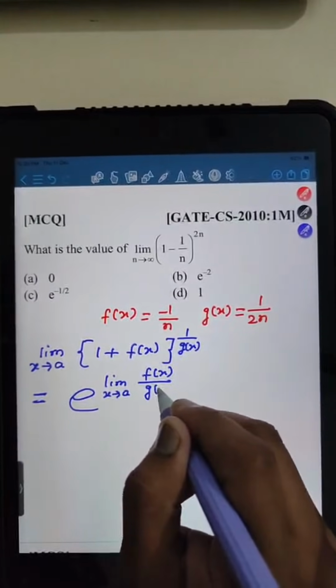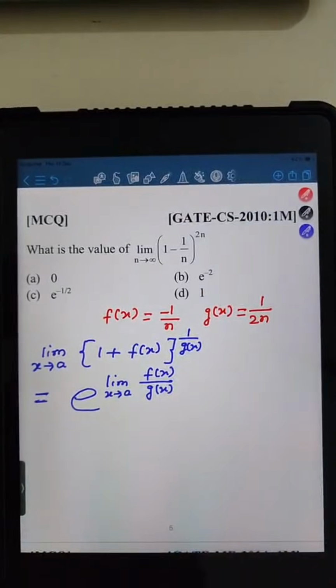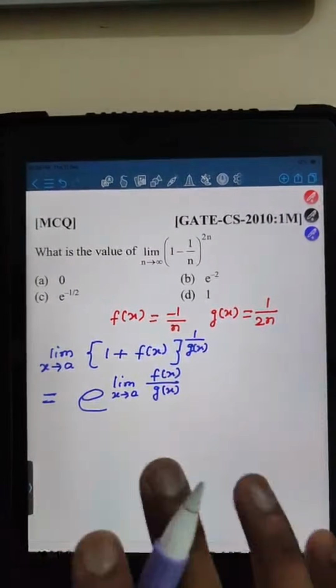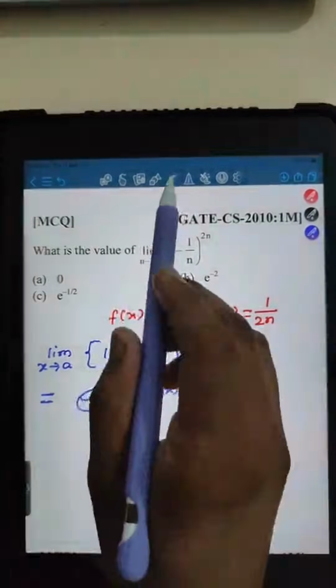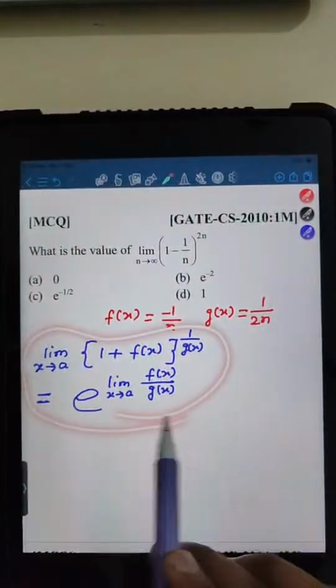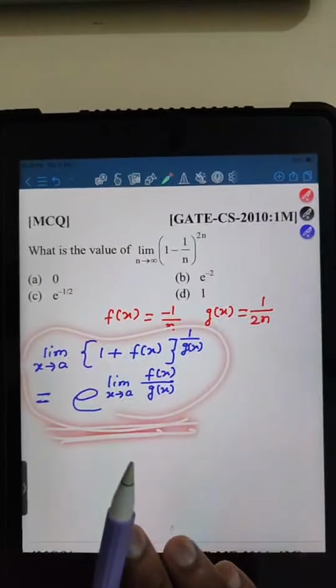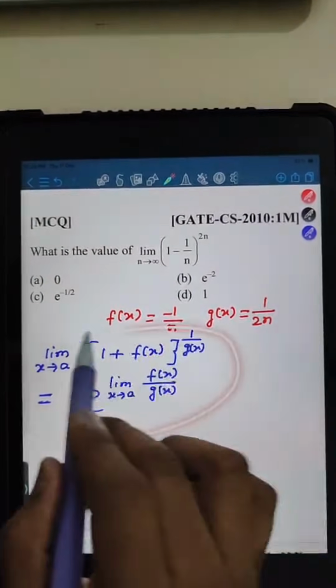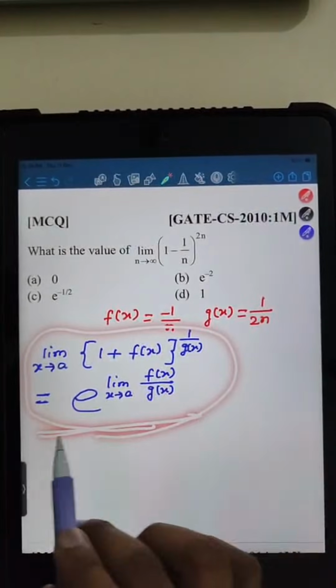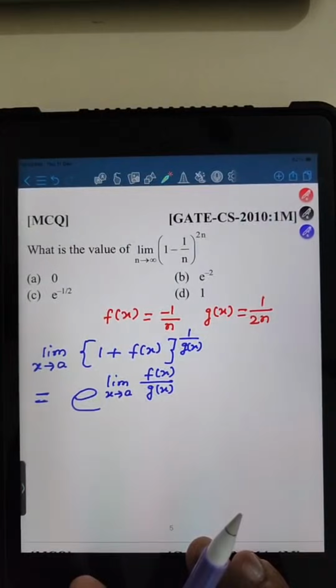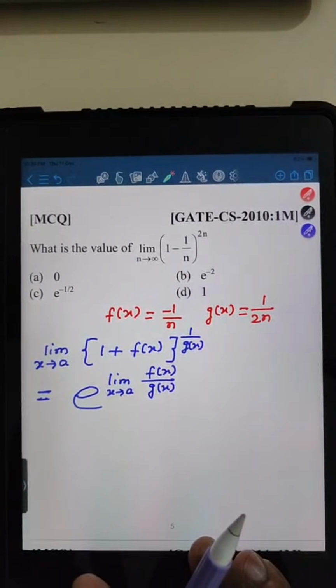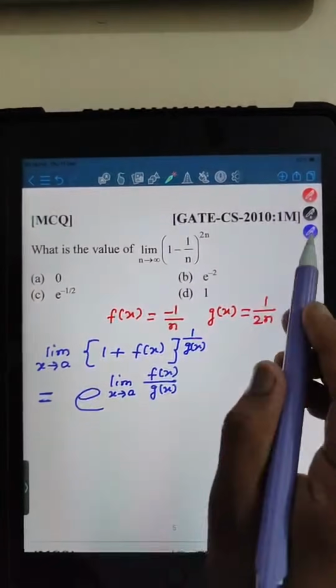Why am I writing this property each and every time? So that it settles in your subconscious mind. After seeing it multiple times, it will settle down in your subconscious memory. Ritu Kumar is telling, considering f(x) as minus 1 by n. Yes, Ritu, you are correct.